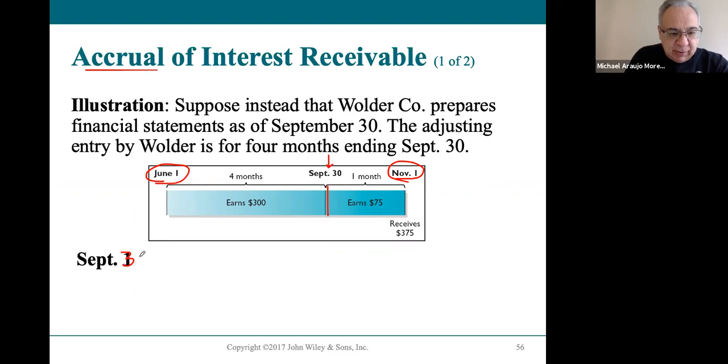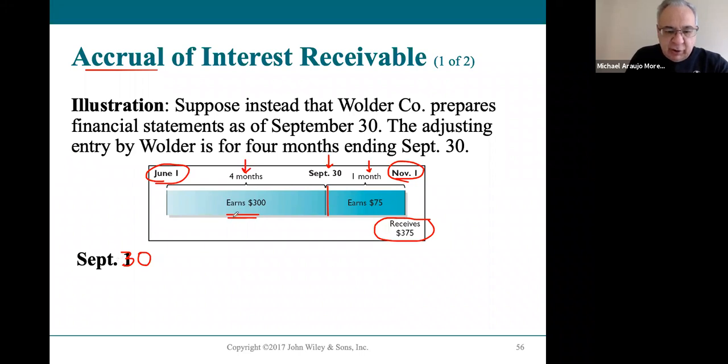It should be September 30th. When you close the books, you have earned $300 of that 375. Remember, that note is giving you $375 of interest. However, if you're closing the books in September, you've earned 300 of it in this fiscal year. You've earned the other $75 in the next fiscal year.